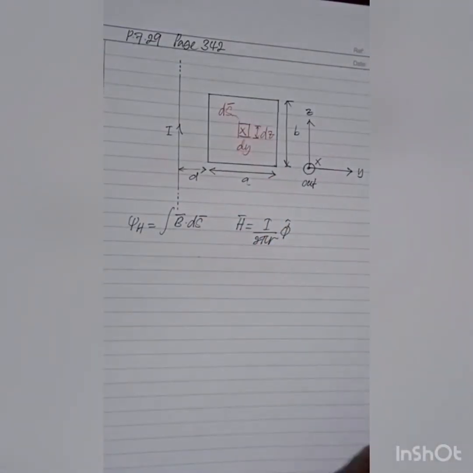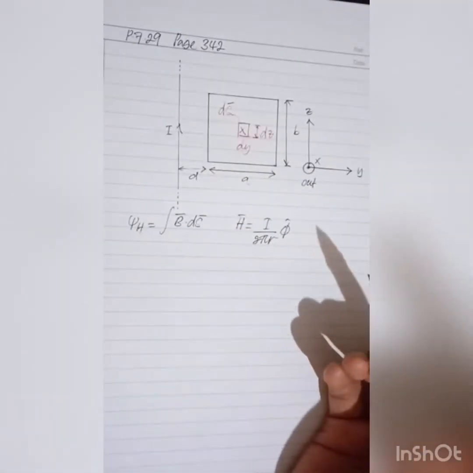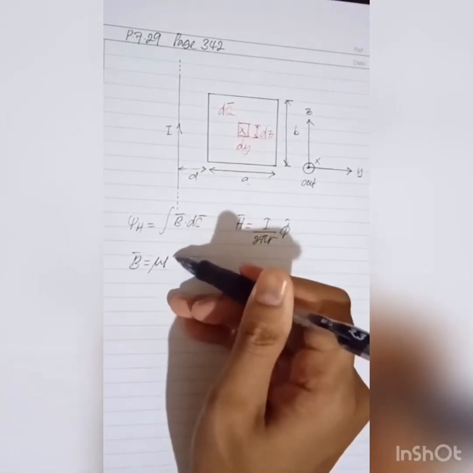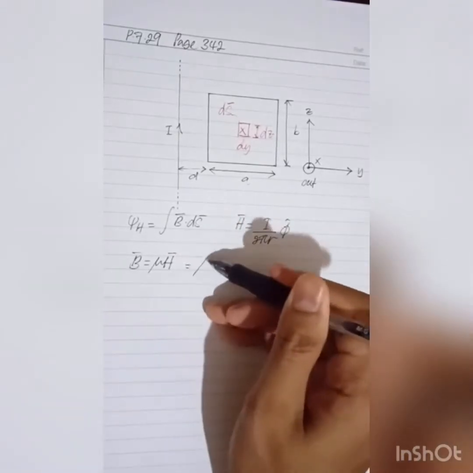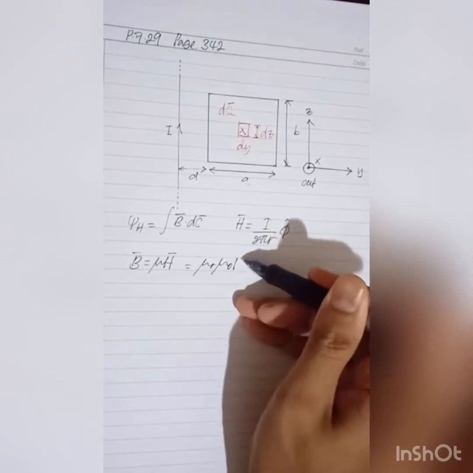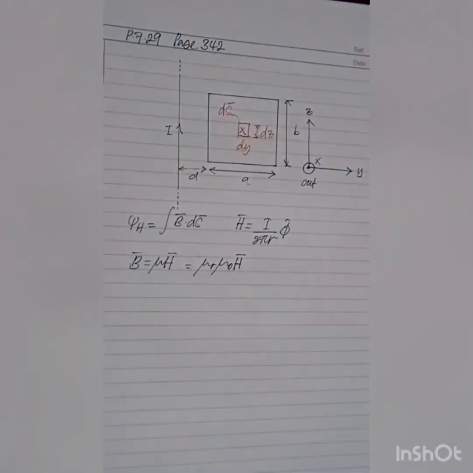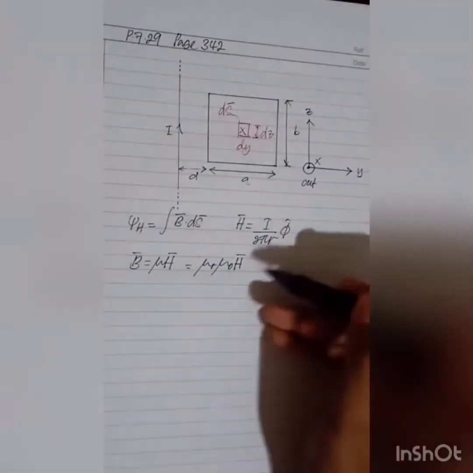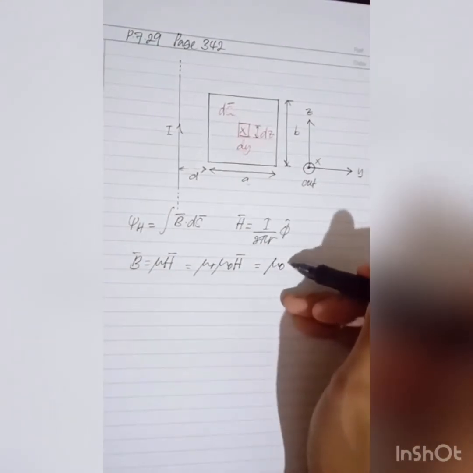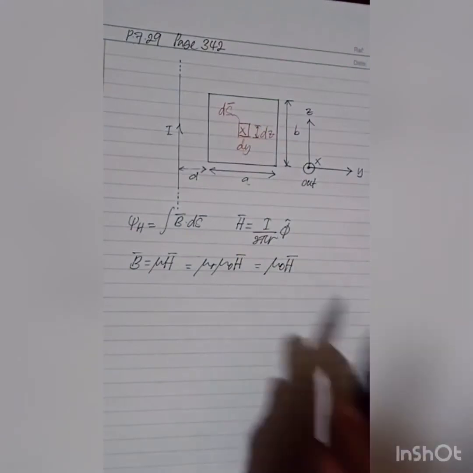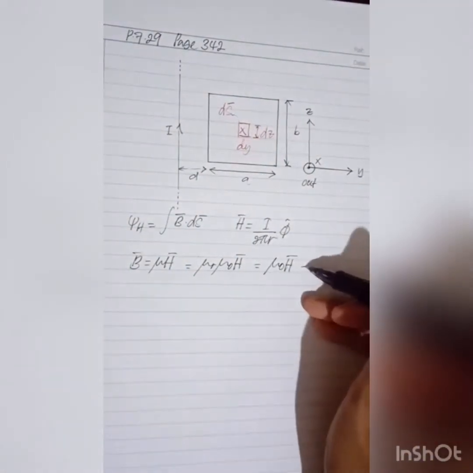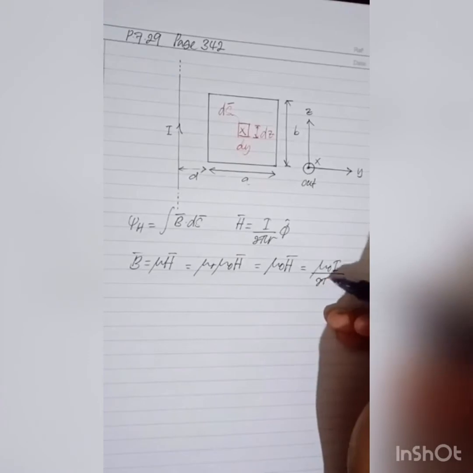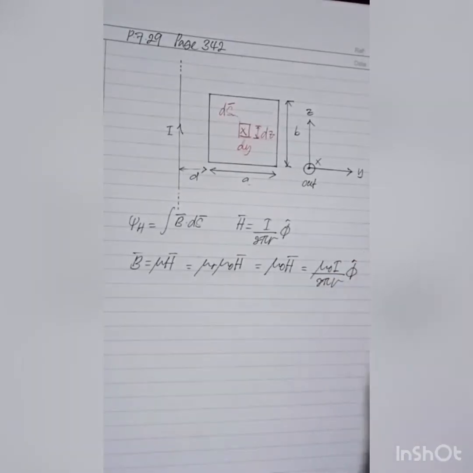We also know that B and H can be related to each other by the equation B equal to mu H, or mu R mu naught H. Since we are dealing with a free space environment, we can simply replace mu R with 1, which results in mu naught H. Based on the previous result, H is shown there, so B is mu naught I over 2 pi r in the phi direction.